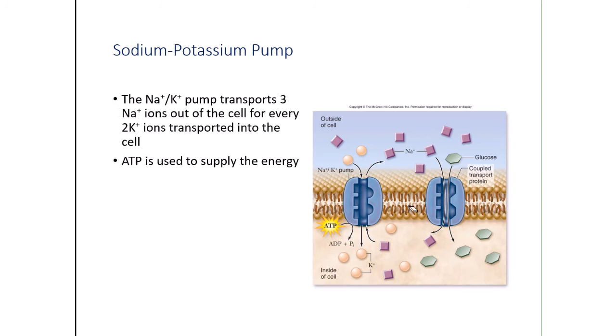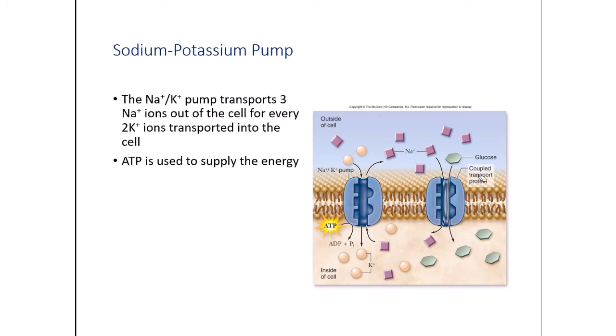We are just going to focus on the sodium-potassium pump. To do this, you have to extract the energy from the ATP, so the ATP is converted into ADP and phosphate, and the energy is used to transport the sodium and potassium against their concentration gradient.